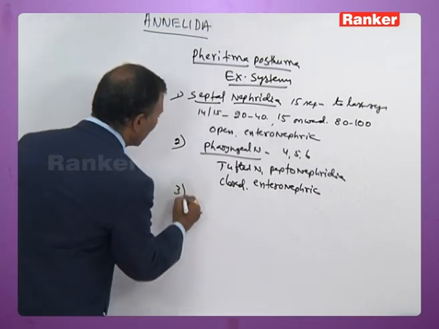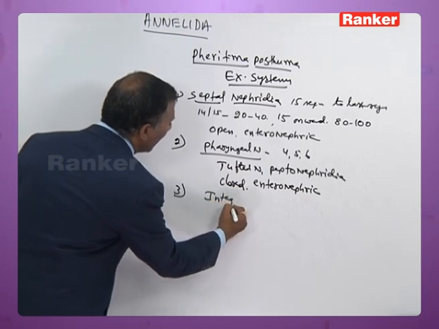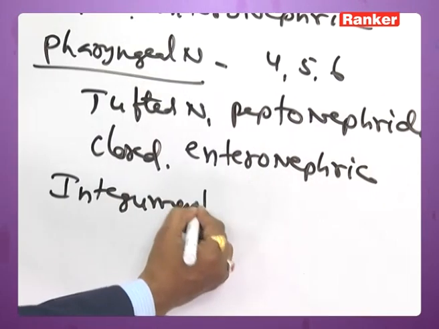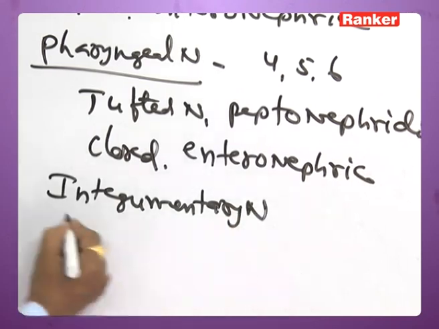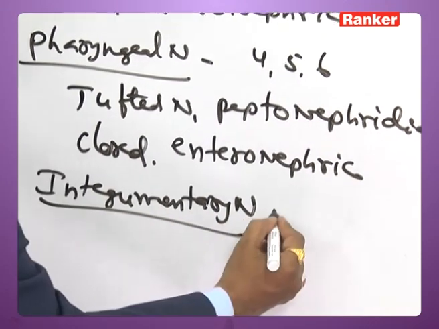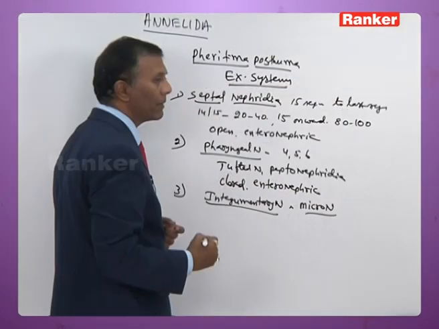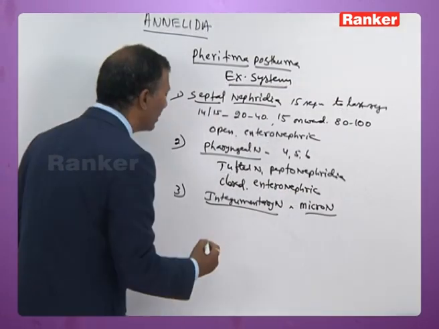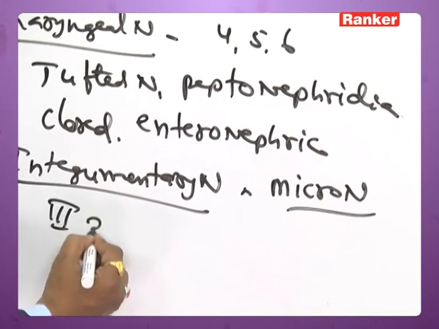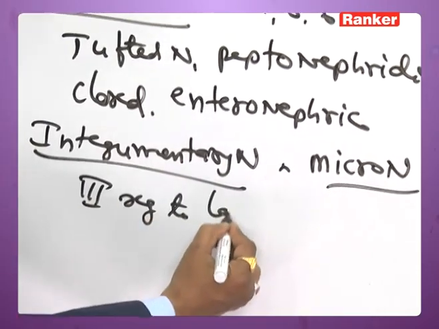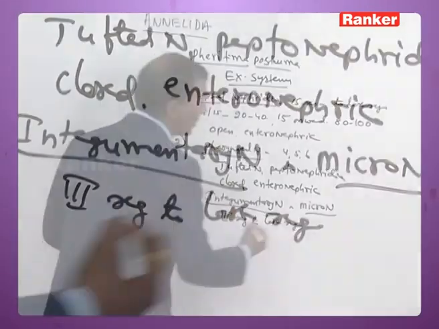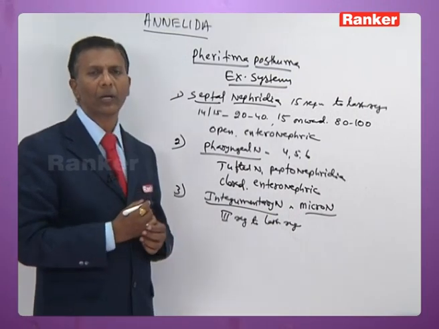Then you have the third one, integumentary nephridia. Integumentary nephridia are also called micronephridia. They are present from the third segment to the last segment.